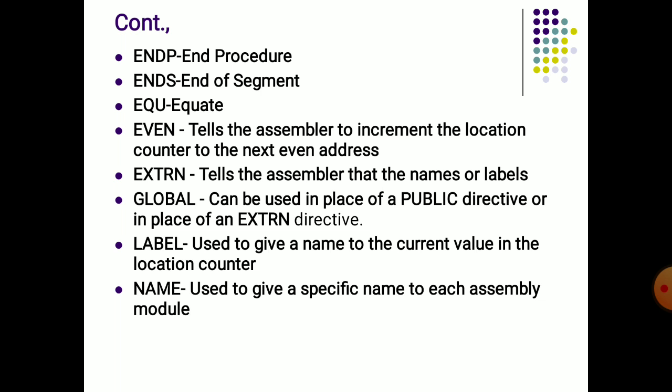For example, when we are writing a program and want to give it a name, we put the assembler directive NAME. NAME is mainly used to describe the assembly module.